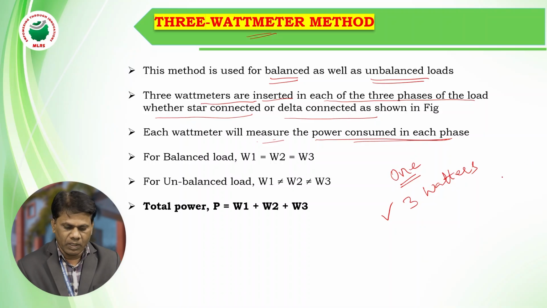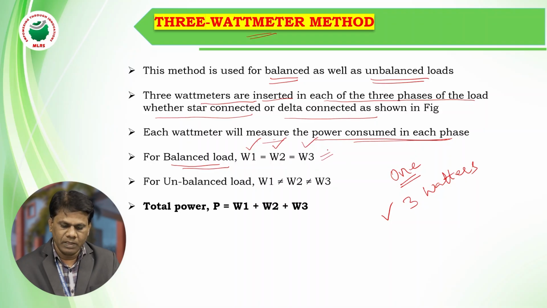If you consider a balanced load, the wattmeter readings W1, W2 and W3 are the same. Whereas for unbalanced load, the readings of wattmeters W1, W2, W3 are not equal.